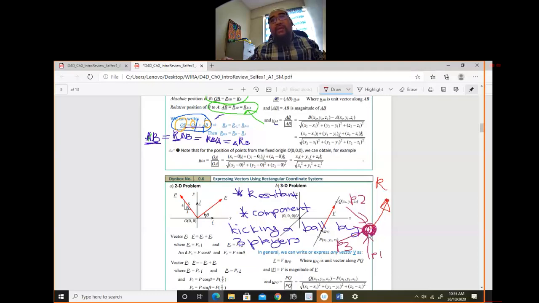This is the resultant point here, and you can solve it in terms of x and y. Or you can solve it in terms of polar coordinates, where the location is given by theta and r.